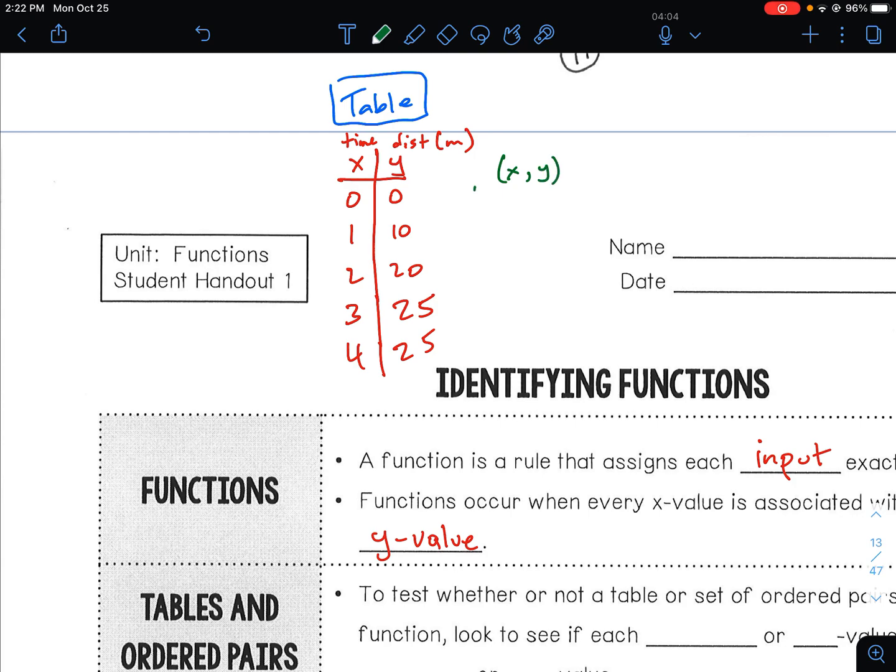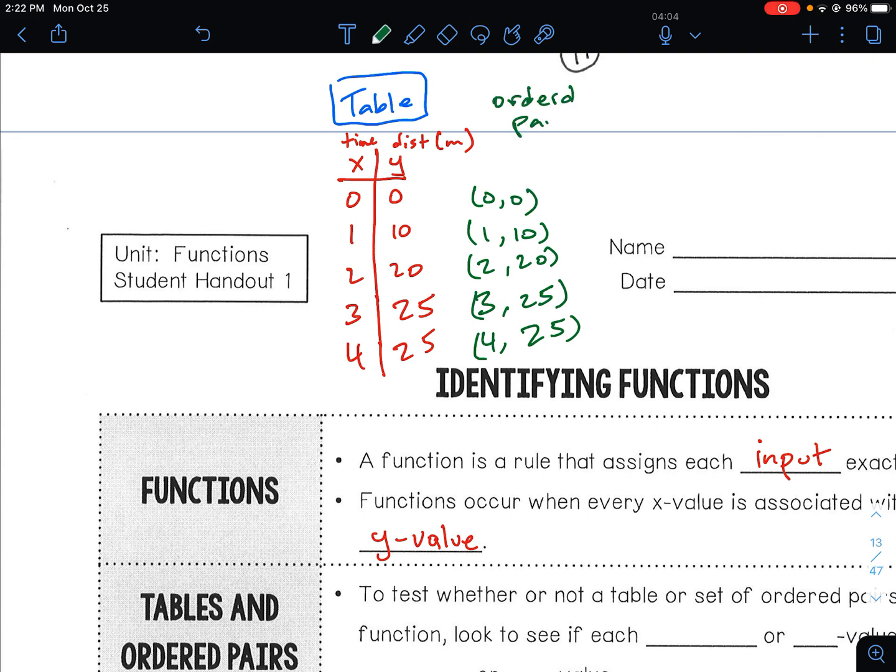This first one would be 0, 0. The next one, x is 1, y is 10. The third one, x is 2, y is 20. For the fourth point, x is 3 and y is 25. And for the fifth point, x is 4, y is 25 again. So those are ordered pairs.